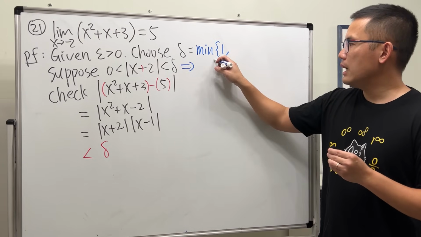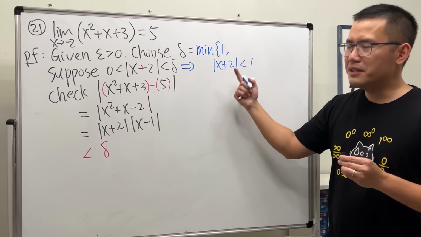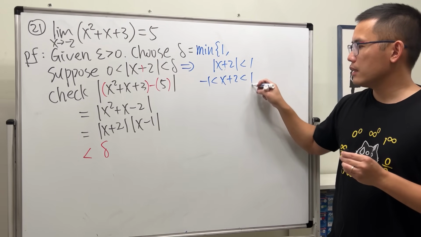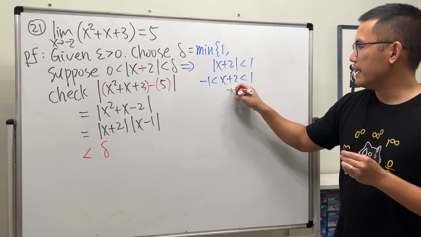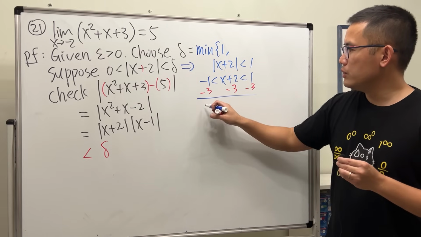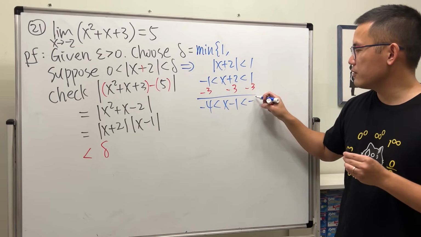This implies absolute value of x plus 2 is less than 1. Open this, x plus 2 is in between of -1 and 1. And we're trying to get to x minus 1, so subtract 3 from all this right here. This gives you -4, and then x minus 1, and this is -2.